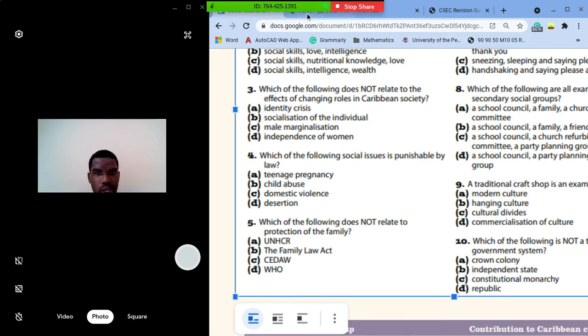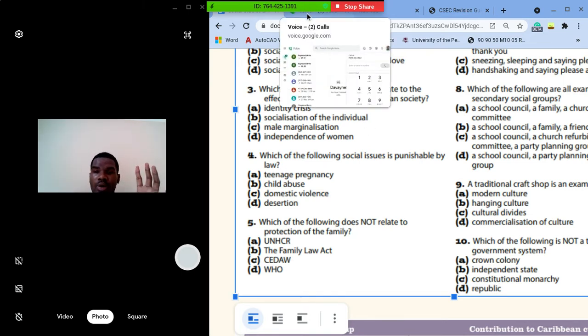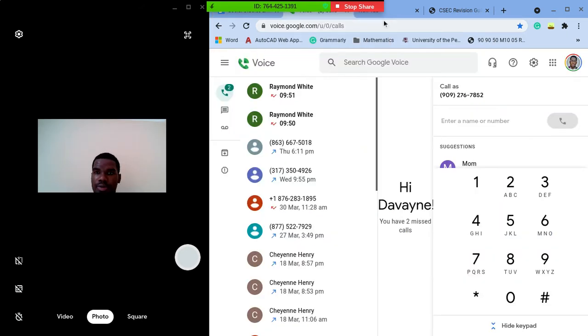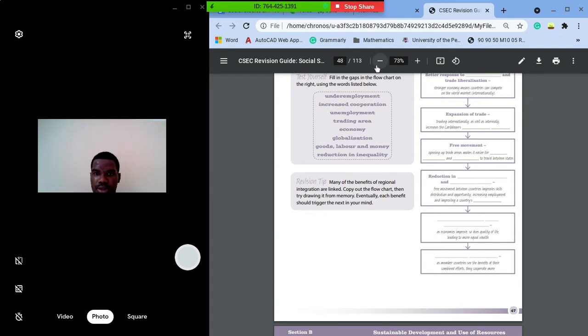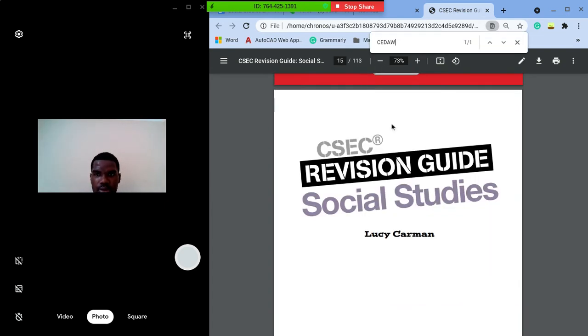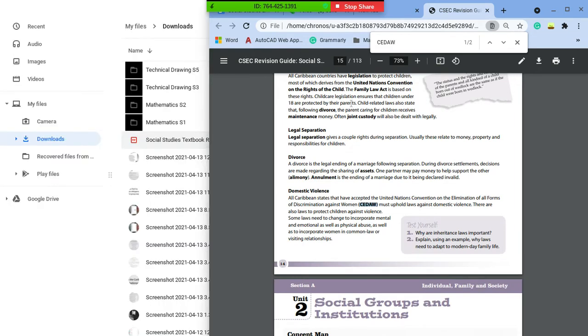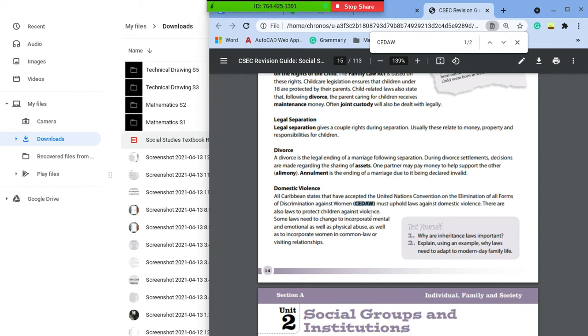Alright, you'll be correct, but not only would you need to know which one is the correct answer, more than likely you need to know the acronym. So I'm going to go through each acronym. Let's start with CEDAW. CEDAW has to deal with, as I said before, cases of domestic violence. So write this for me.